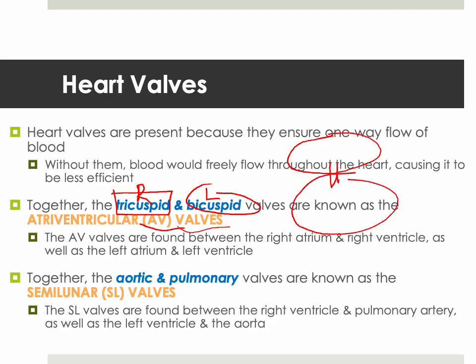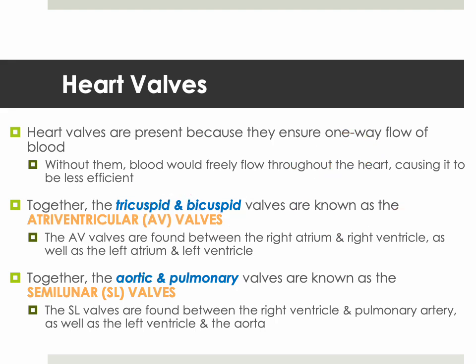On top of those, we have the aortic and pulmonary valves. This one here is from the left, and this one here is from the right, because they're going to different places, right? The pulmonary on the right is going to go to where? The lungs, right? The aortic is going to go to the aorta and the rest of the system.